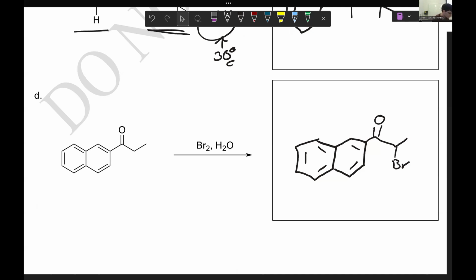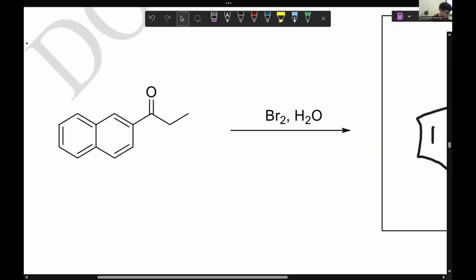So with this reaction, the way that we get the ketone to react is that the very first step is tautomerization. So if you guys remember, we form the tautomer. I'm just going to write this as R, and this is our ketone.